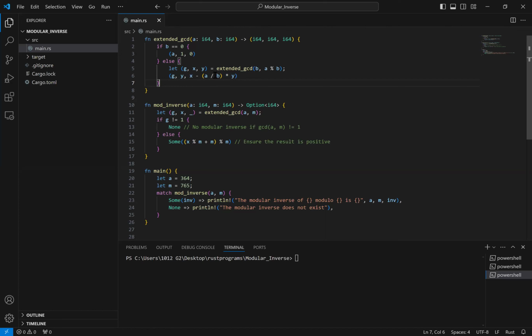For instance, 7 divided by 3, you only take 2. So 3 goes into 7 twice.